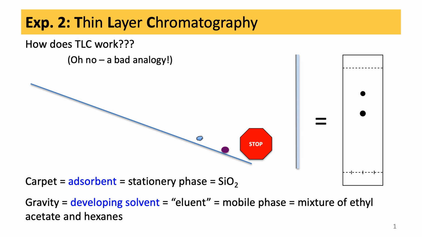In fact, it's a developing solvent that pulls the balls, the samples, up the plate. The developing solvent is also referred to as the eluent, and it's the mobile phase. In our usual cases, we're going to be using a mixture of ethyl acetate and hexanes. In the analgesic lab, since we're using some really polar compounds, there'll be a touch of acetic acid in there too.